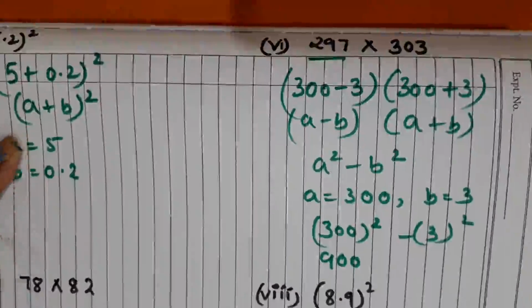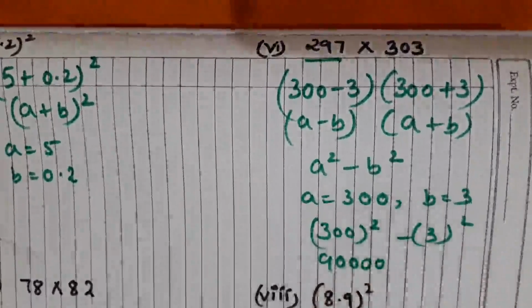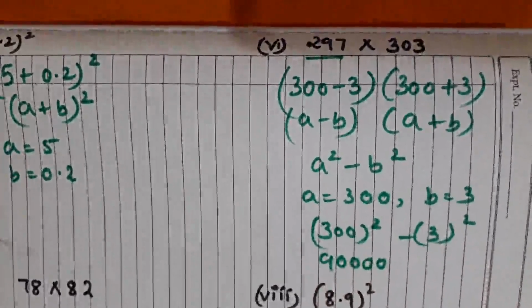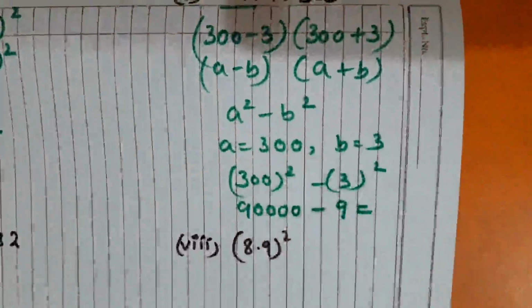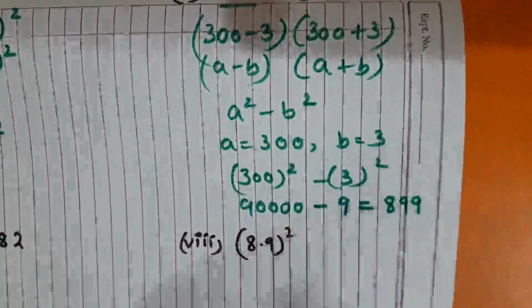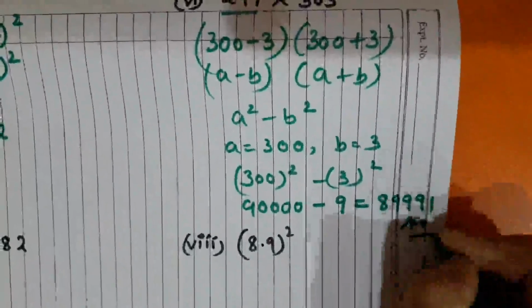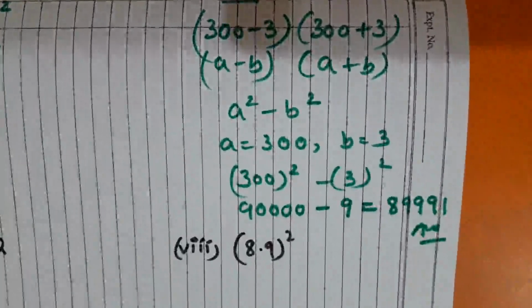You will get 90,000 minus 9. So you will get the answer equal to 89991. So this will be your answer. So in this way you can do the question.